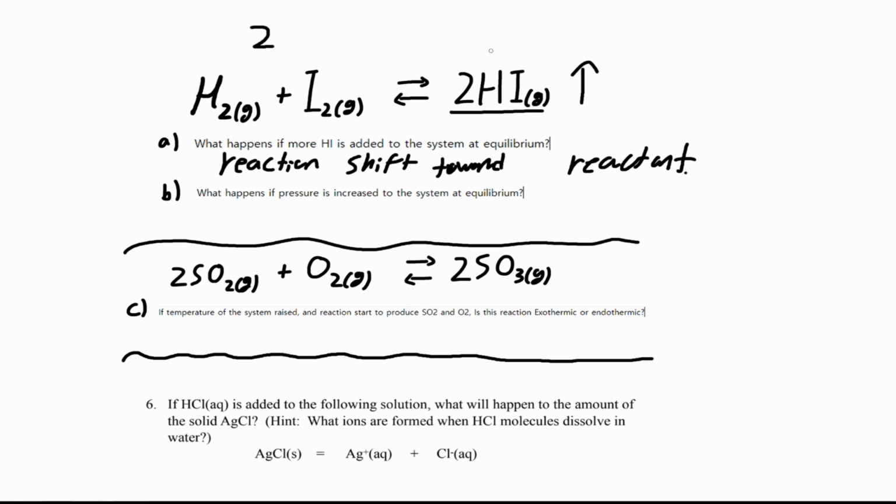On the product side, or on the right side, we have 2 moles of HI gas, and that's it. In this case, because those numbers are the same, meaning that there's no more or fewer moles of gas on either side, even though pressure is increased, this reaction is not going to be affected. So nothing will happen.